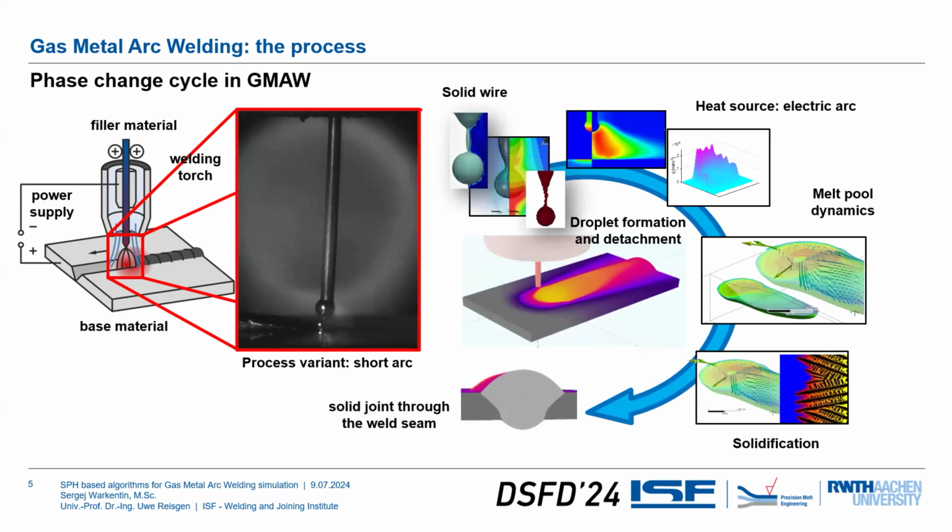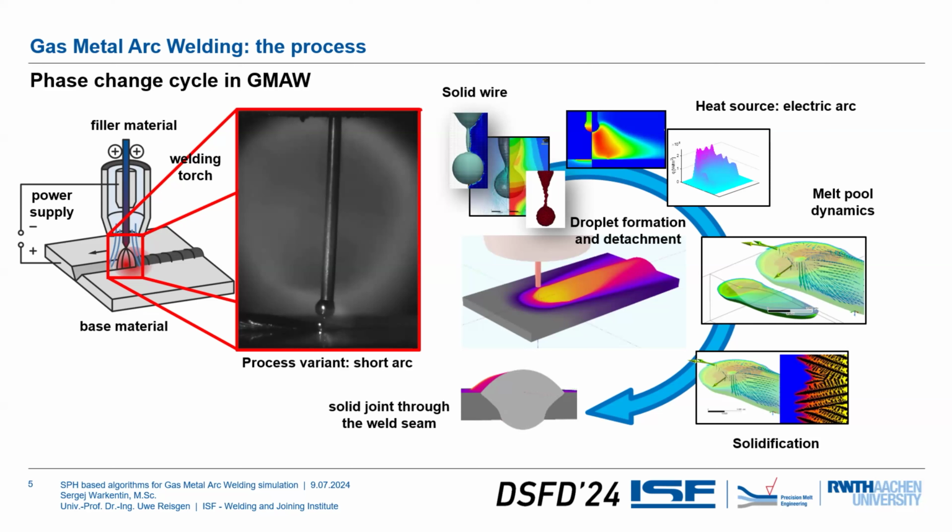That is important for later considerations. Here is shown the phase change cycle specific to gas metal arc welding, or the process chain. That is how the material proceeds. We start with a solid wire and a solid workpiece. When the heat is introduced into the material, a droplet is formed.